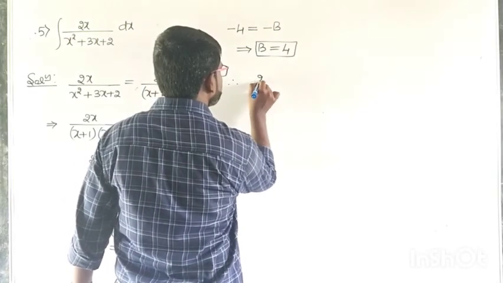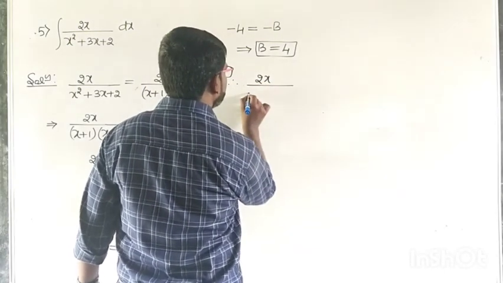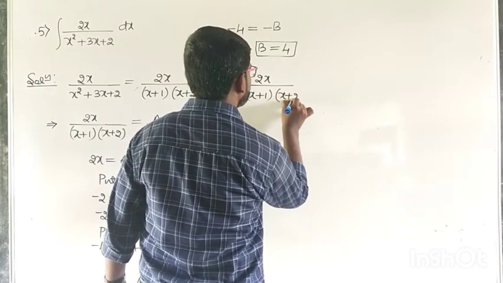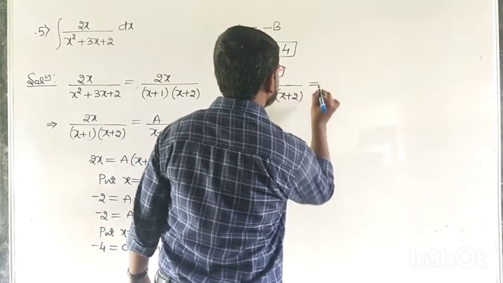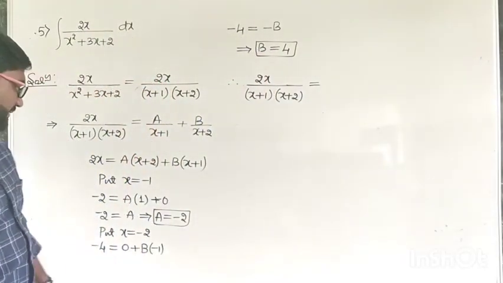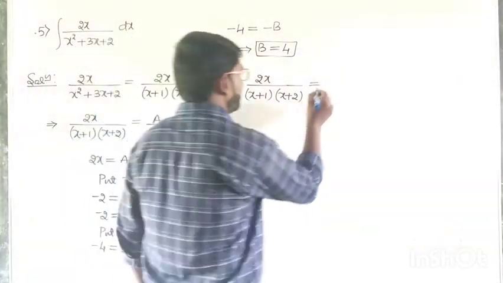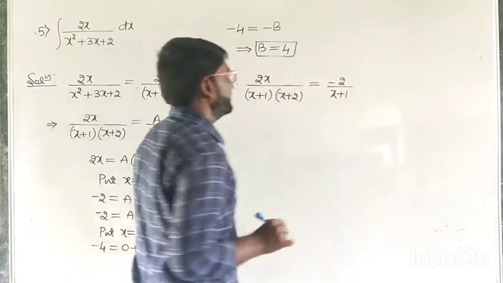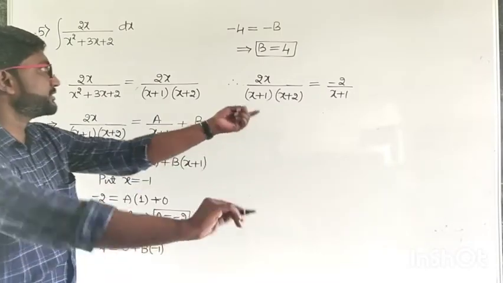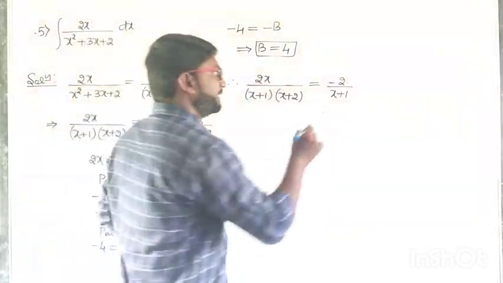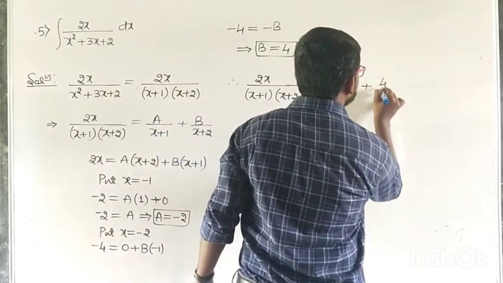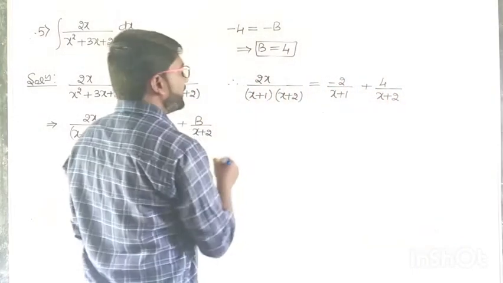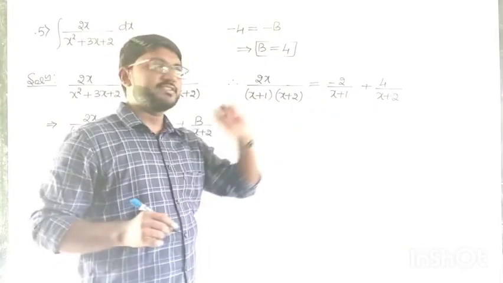Therefore 2x divided by (x plus 1)(x plus 2) equals a divided by x plus 1, that is minus 2 divided by x plus 1, and then b divided by x plus 2. What is b? It is 4. So plus 4 divided by x plus 2. So now we have to integrate both the sides.